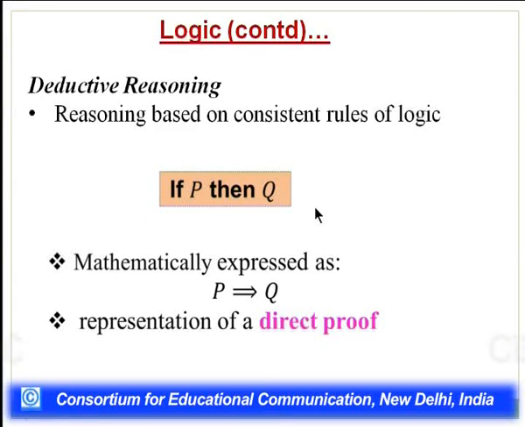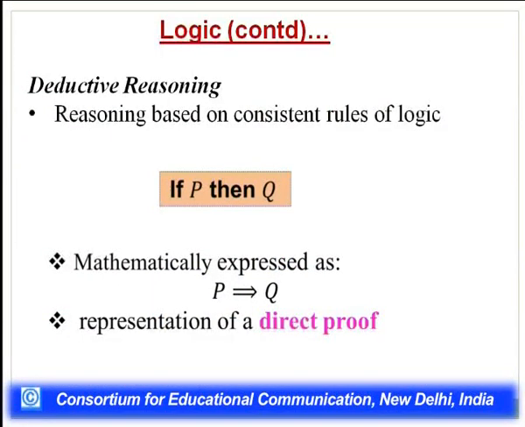Now, a statement of the form "if P then Q" can be mathematically expressed as P implies Q. This can also be read as: the proposition Q is a consequence of proposition P. While I won't get into the details of mathematical proofs here, let me mention in passing that a statement of the form P implies Q is a mathematical representation of what is known as a direct proof in mathematics.